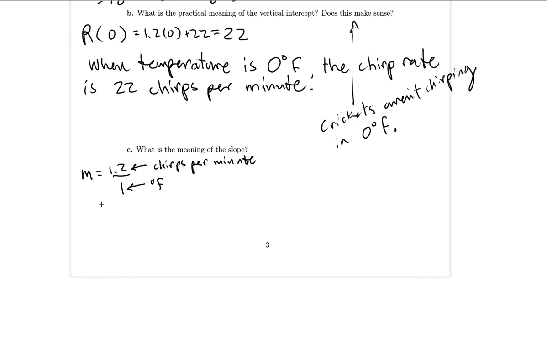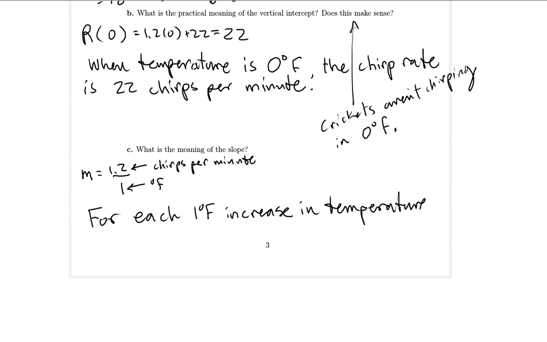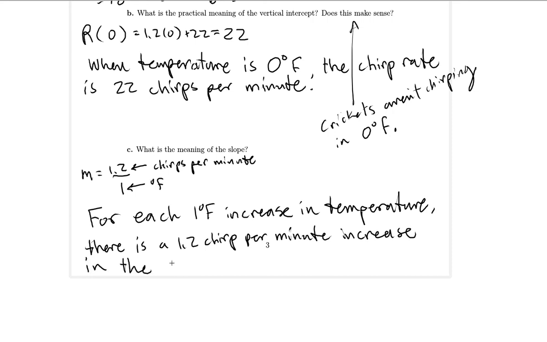So what we can say then is for each 1 degree Fahrenheit increase in temperature, there is a 1.2 chirp per minute increase in the chirp rate.